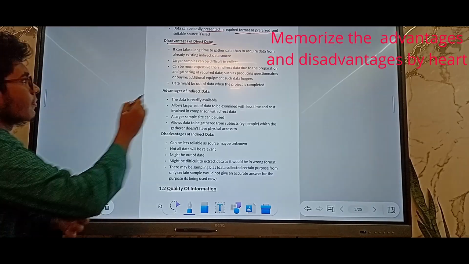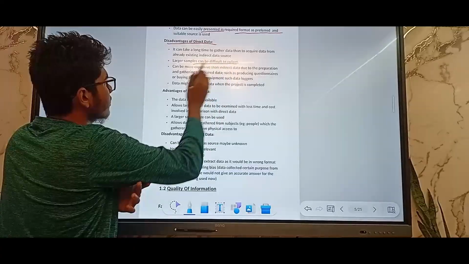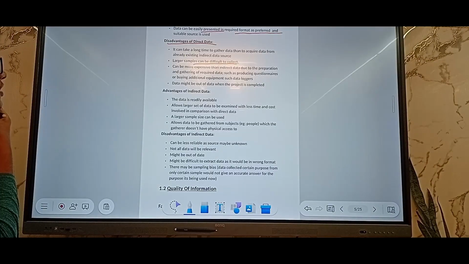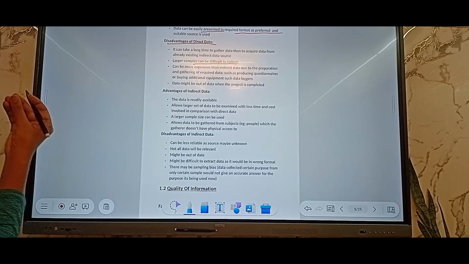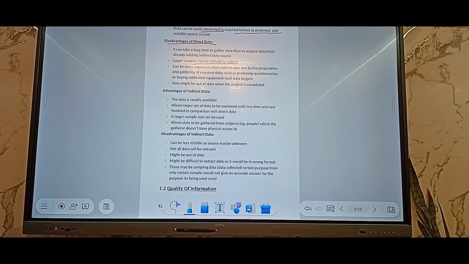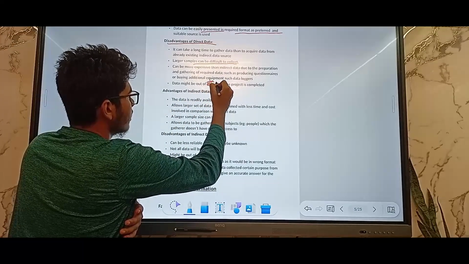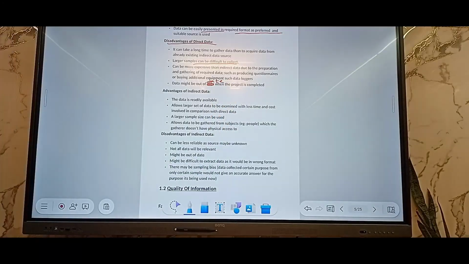Larger samples can be difficult to collect and can be more expensive than indirect data, due to preparation and gathering of the required data, such as producing questionnaires or buying additional equipment such as data loggers. Data might also be out of date when the project is completed.